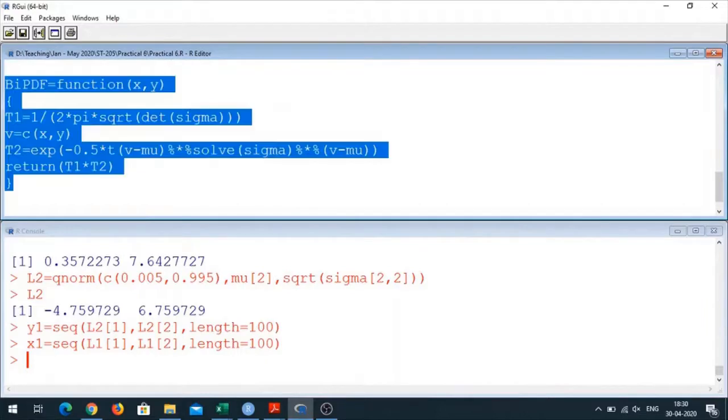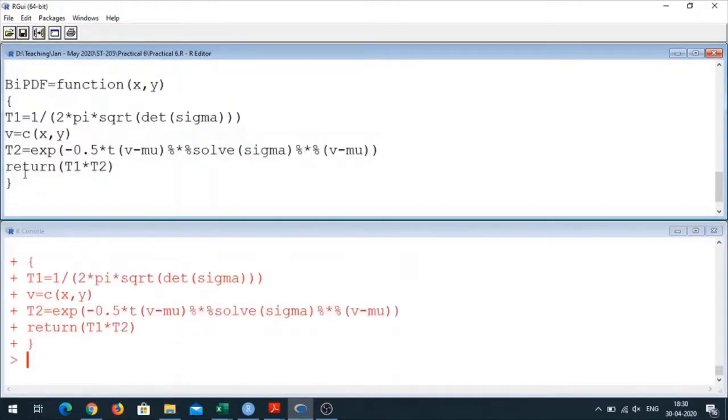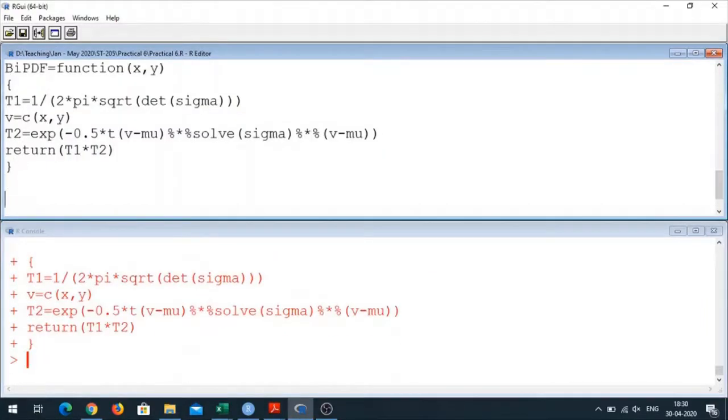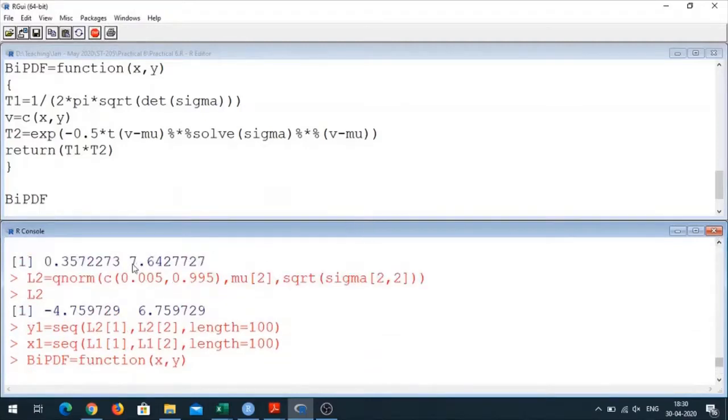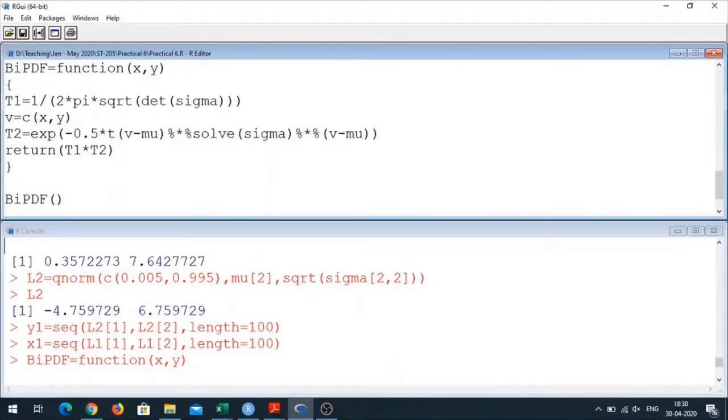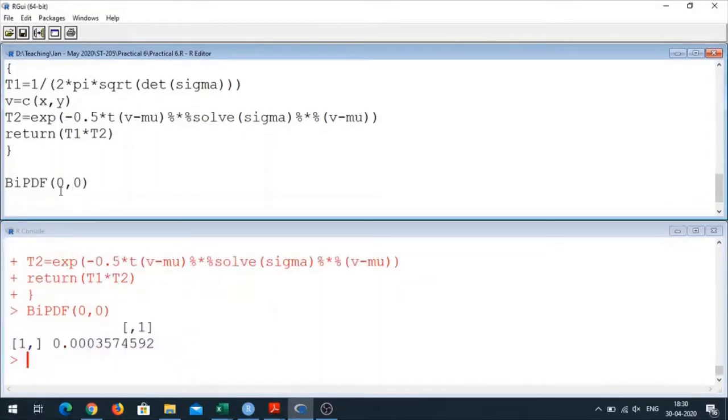Oh sorry, control R. Let me try some values between my limits. 0 is in the range of both L1 and L2, so let me compute PDF at 0, 0. Yes, it does work and it gives me some value for the PDF.